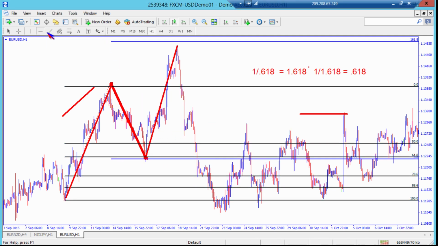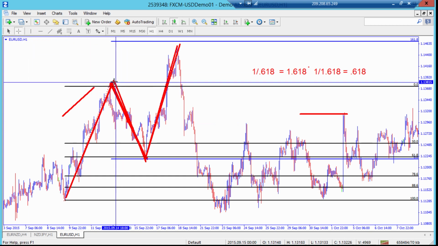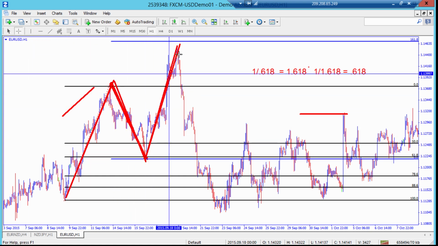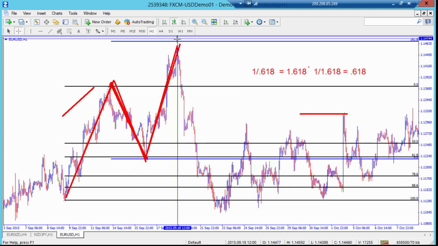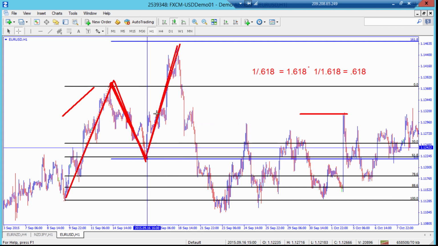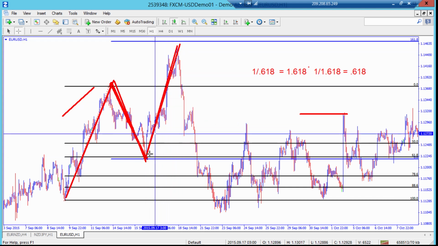So follow me. Market went from low to high, and then it retraced down to a 0.618 retracement. At the same token, this move down, this retracement down, eventually led to an extension right here. So we take the high to low, extend it up, and lo and behold, you have your 1.618. So you have an inverse here.